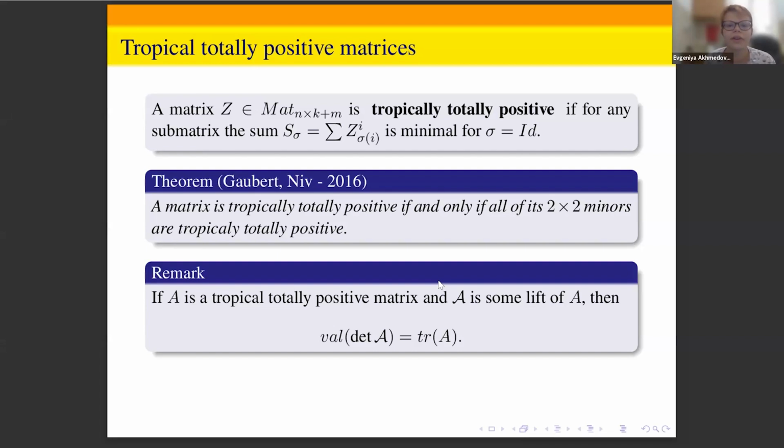And there is a very simple criterion which would give us some of the combinatorial tools we use later on, that we only need to check this condition for the 2x2 minors of our tropically totally positive matrix.